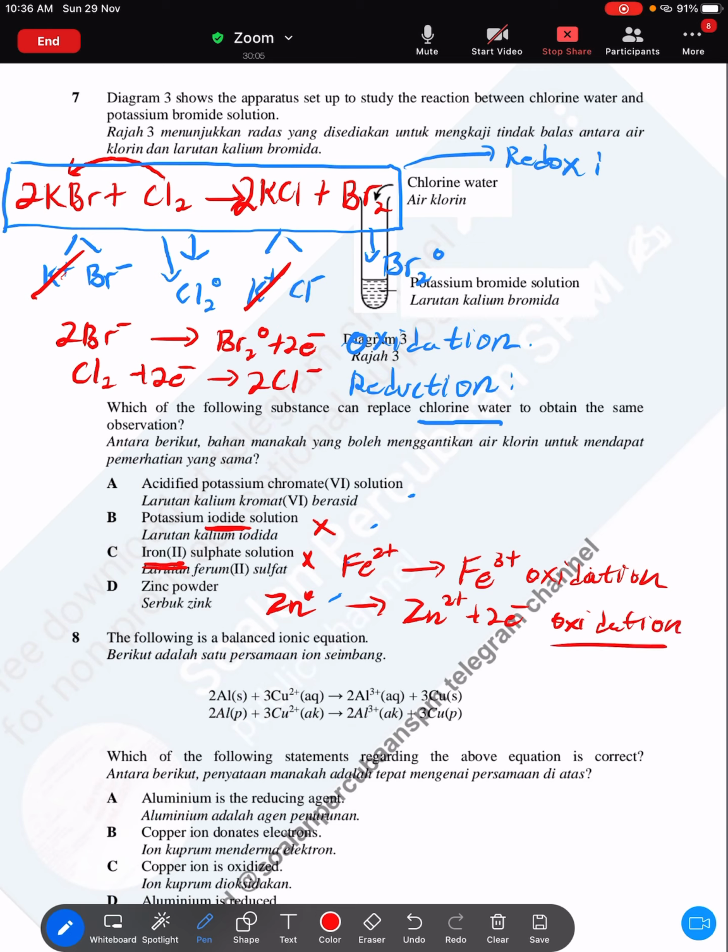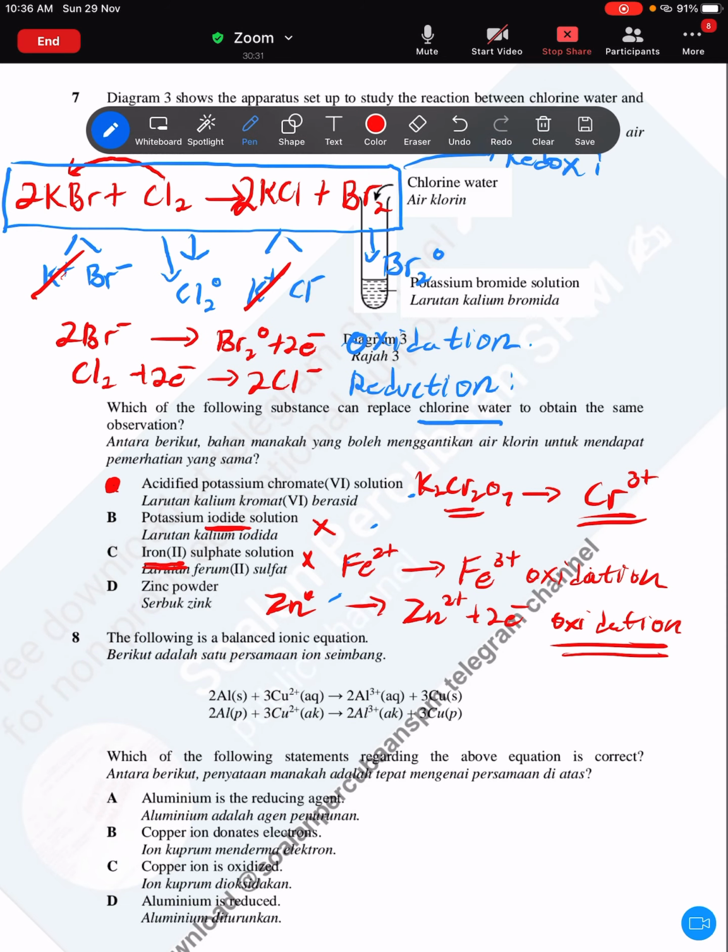The only choice that we have will be A, because K2Cr2O7 will become, the chromium will become Cr3+. It is a reduction reaction in a redox. It will undergo a reduction. So the answer will be A.